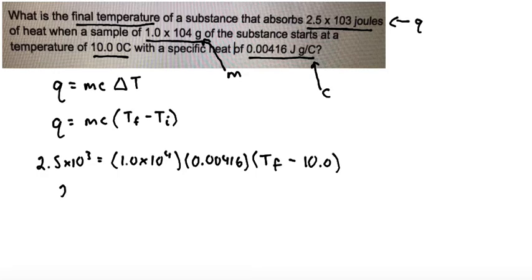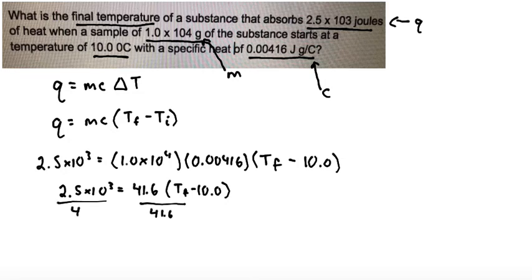So I'll bring down the 2.5 times 10 to the power of 3, which is equal to 41.6 times TF minus 10.0. And then in order to get TF by itself, I will divide both sides by 41.6 since it's multiplied.